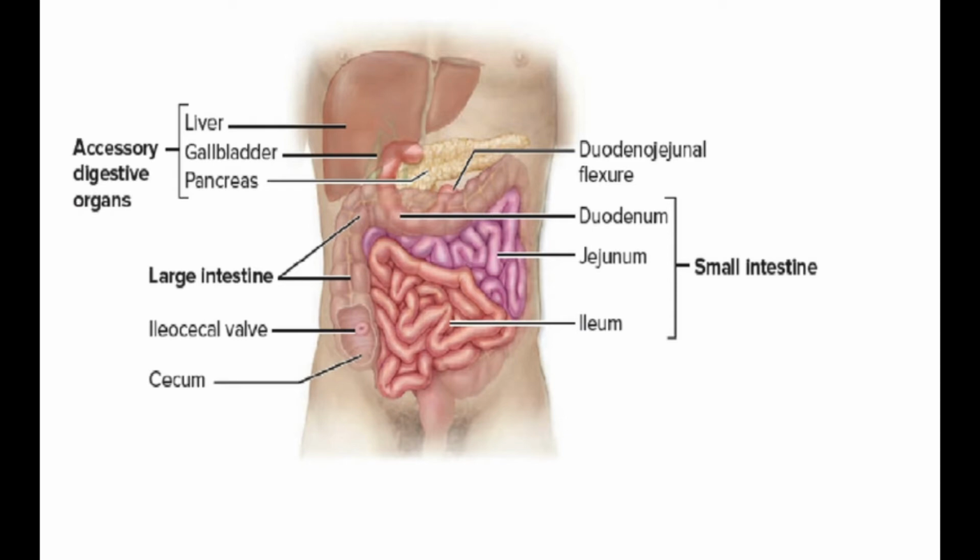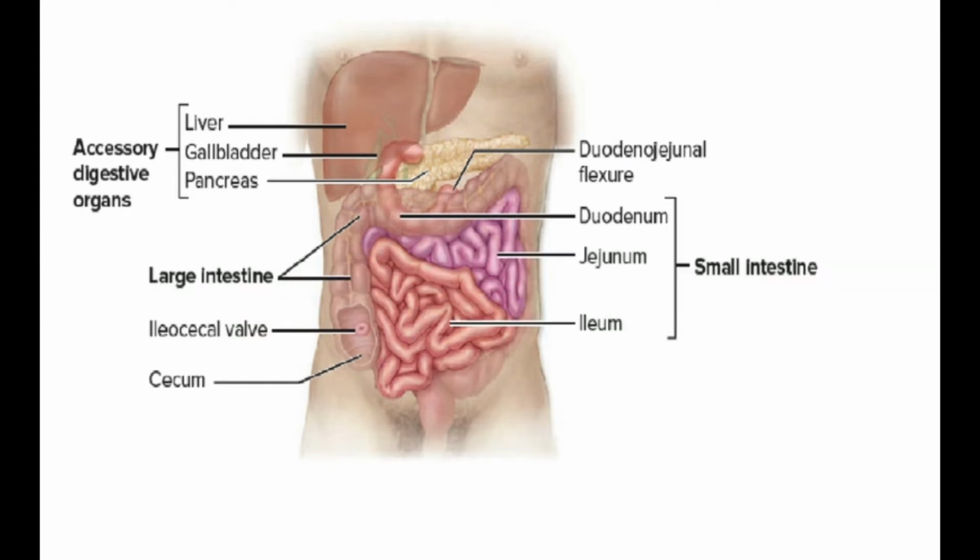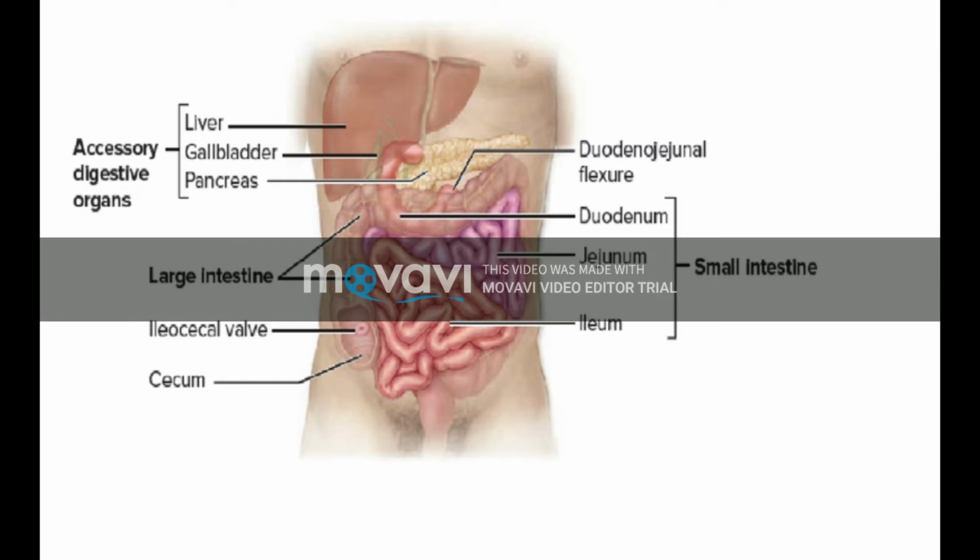It is approximately 25 centimeters, 10 inches, long and originates at the pyloric sphincter, which regulates movement of chyme from the stomach into the small intestine. The duodenum is arched into a C shape around the head of the pancreas and becomes continuous with the jejunum at the duodenojejunal flexure.